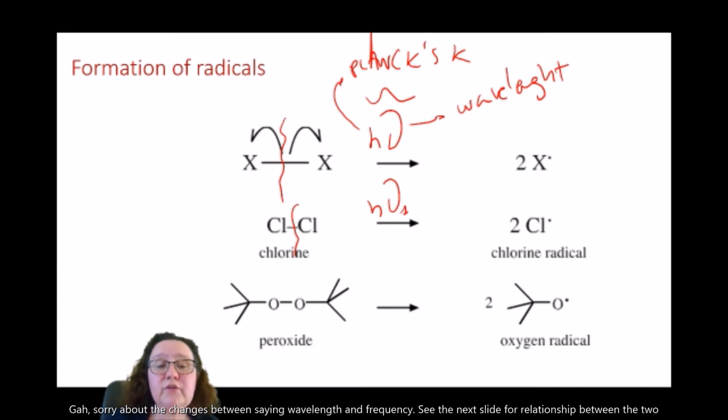And in this case, for example, this is a peroxide group, the single bond between the two oxygens, and again, when the right wavelength of UV light hits the bond, it gets absorbed, the bond breaks between the two oxygens, and each of the oxygens walks away with one of the electrons from the bond. And it's the wavelength of that radiation that will determine which bonds will absorb the radiation, which bonds will be broken.